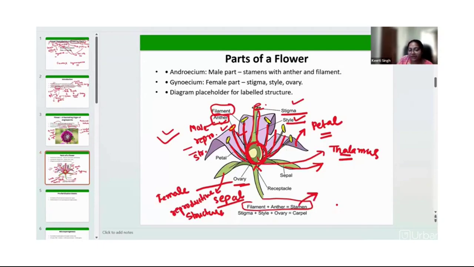So when we say stamen, we are taking into consideration both filament and anther. And when we are talking about the carpel of a flowering plant, we are concerned with all these three: stigma, style, and ovary, the whole three parts of the female reproductive structure.